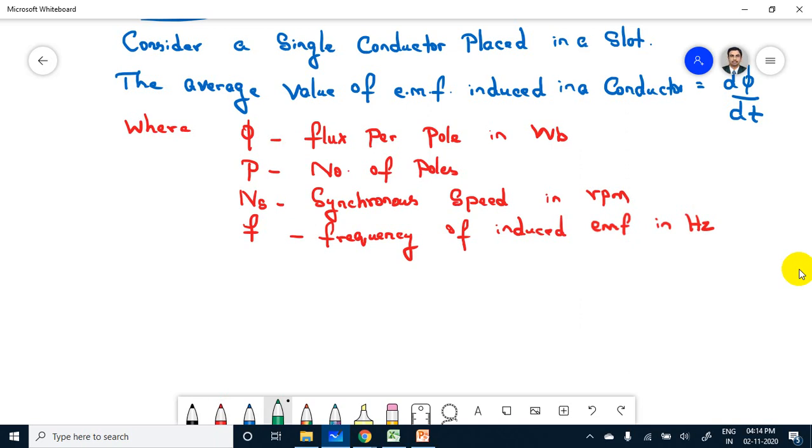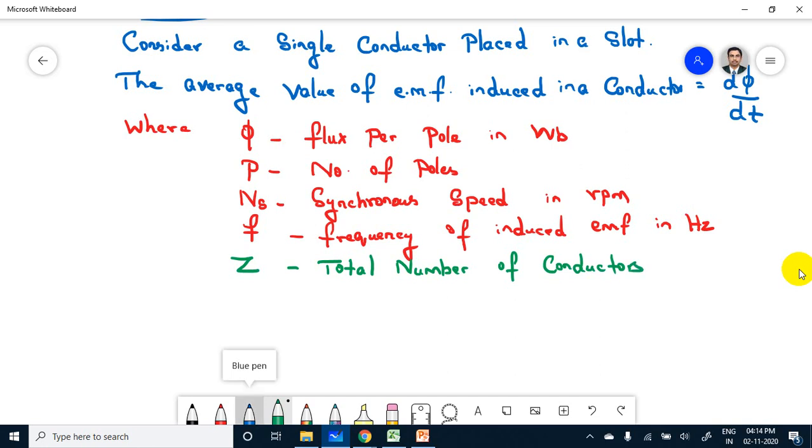And one more term we have to use, capital Z, the total number of conductors.